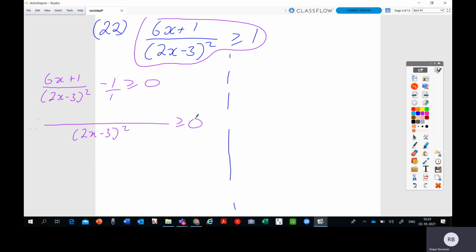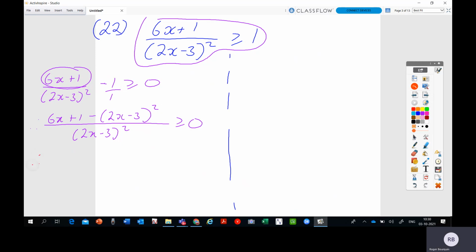Then the first fraction is going to stay the same, so that's going to be 6x plus 1. Then I've got a minus sign, and I times the bottom by (2x minus 3) squared, so I've got to times the top by (2x minus 3) squared. You're going to leave the denominator like it is.